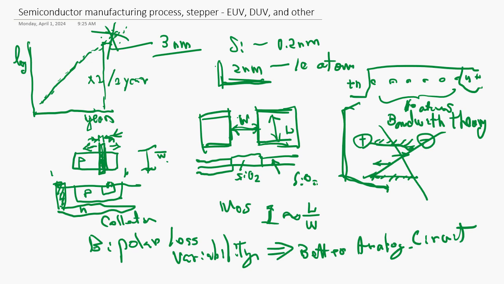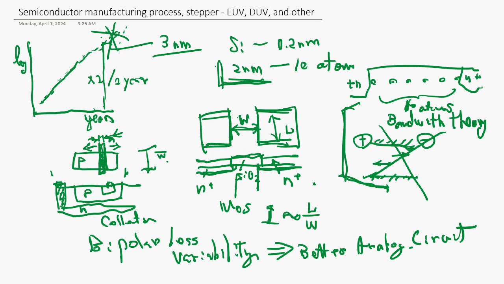This is N plus. Since it's diffusion, this penetrates in the horizontal direction too. So actually the N to N distance is smaller than the silicon oxide length.